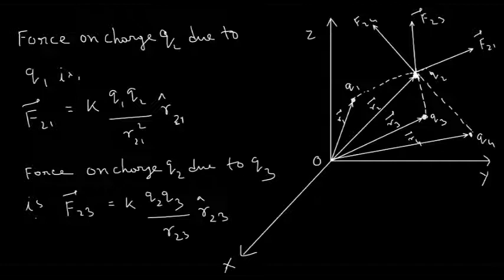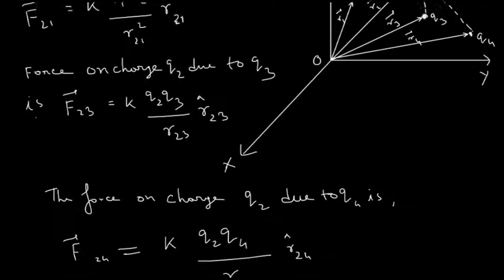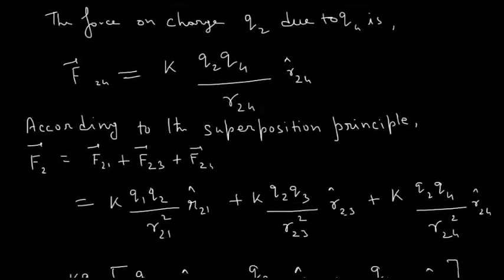Similarly, the force on charge Q2 due to Q3 is F23, equal to K Q2 Q3 upon R23 square, unit vector R23. The force on charge Q2 due to Q4 is F24, equal to K Q2 Q4 upon R24 square, unit vector R24.